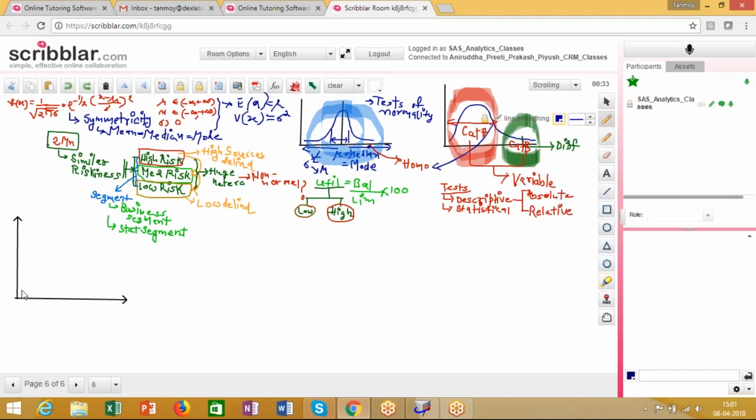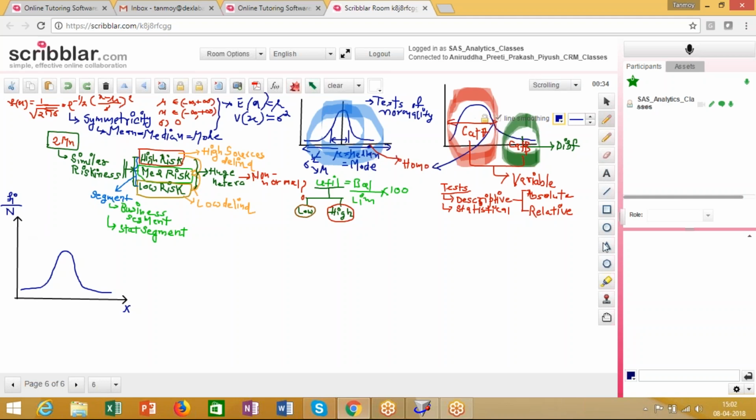So over here, what we do is we draw the distribution. This is where the variable x is, and this is where the variable fi by n is.